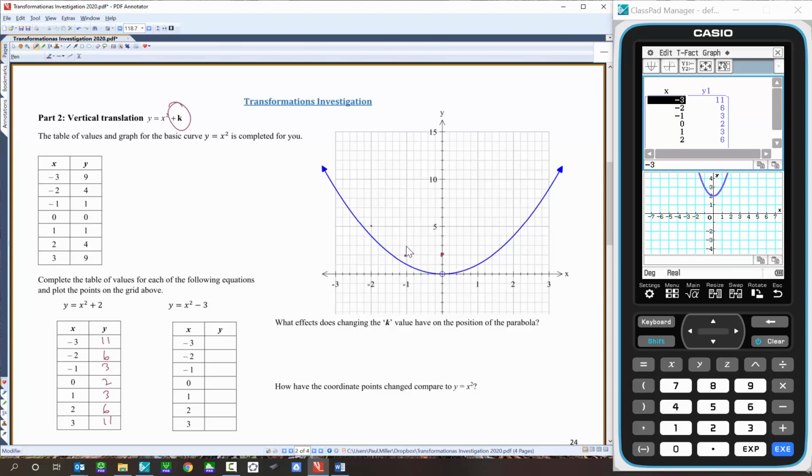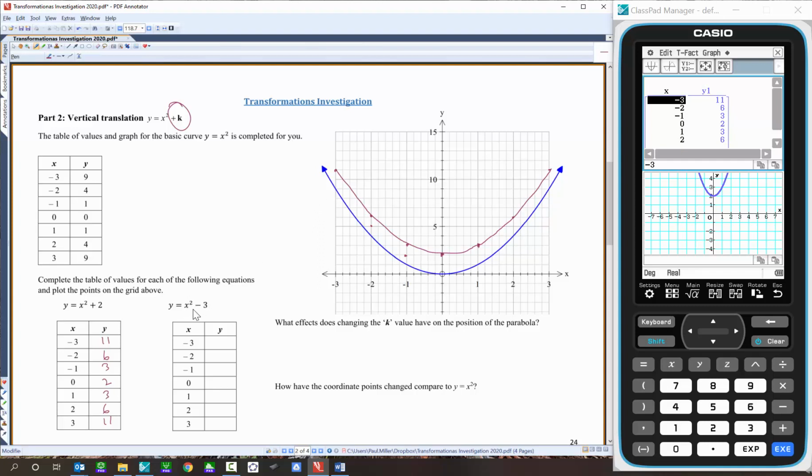Okay, then there, there, there. Right, so the left side of the parabola will look like that. Let's go another 2 unit translation. There, there, there. Okay, so again, what we'll do is we'll get the same shape, but all of the values will be just 2 units higher than the previous.